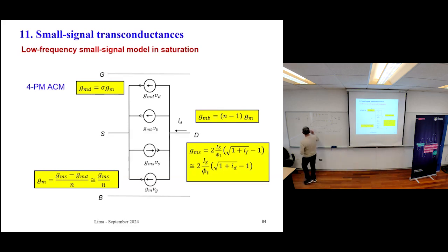GMS is the slope here. But this is not GMD. But look here, at the origin, what happened? The transistor is symmetrical. What's the meaning of this? It doesn't matter if you change the source or the drain.